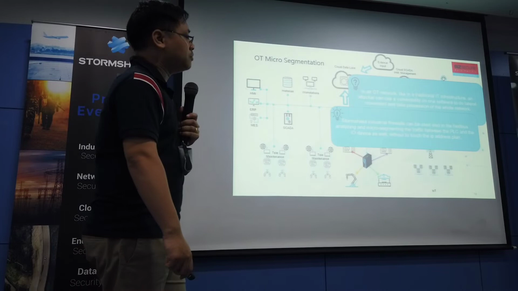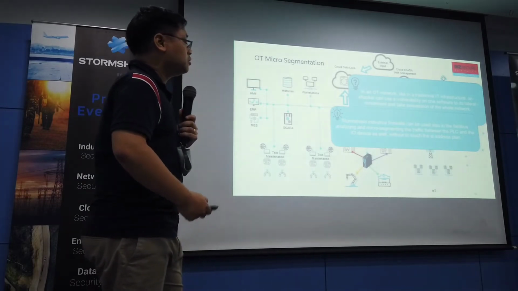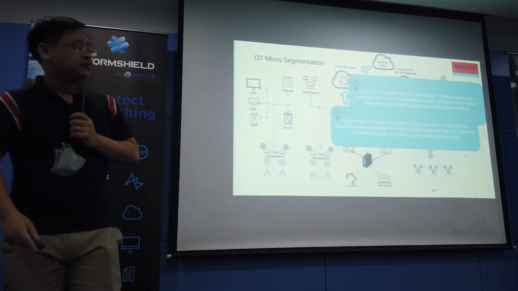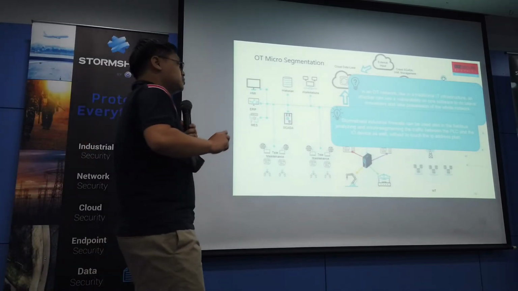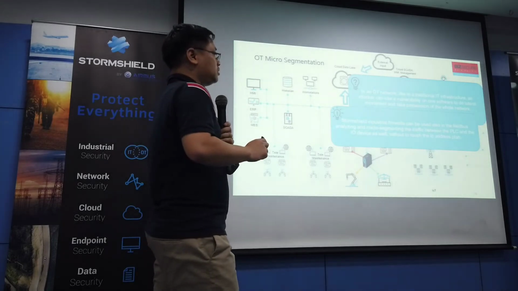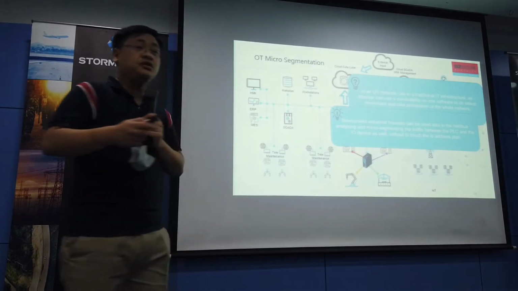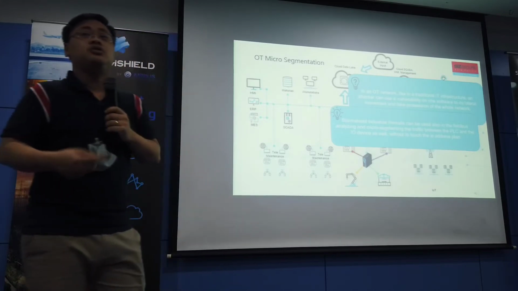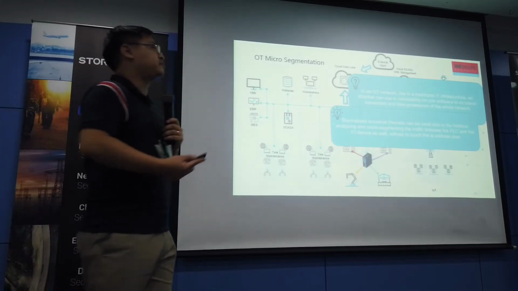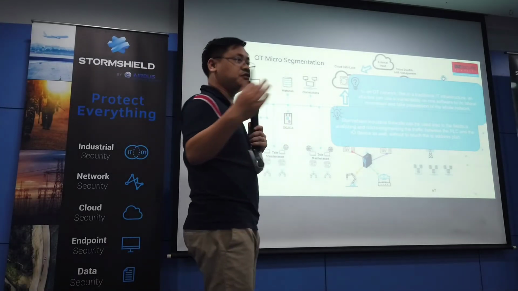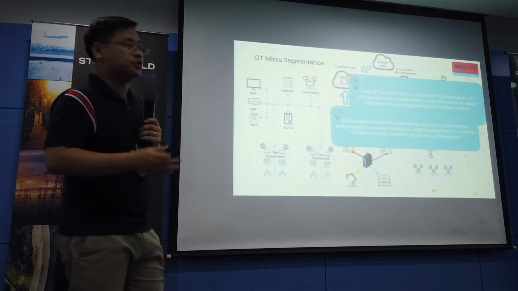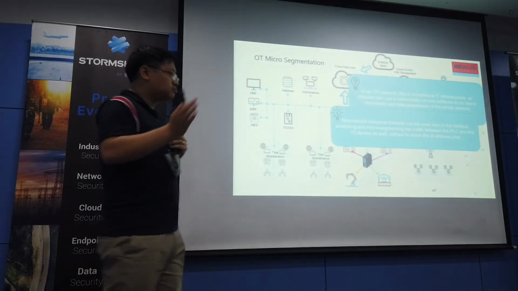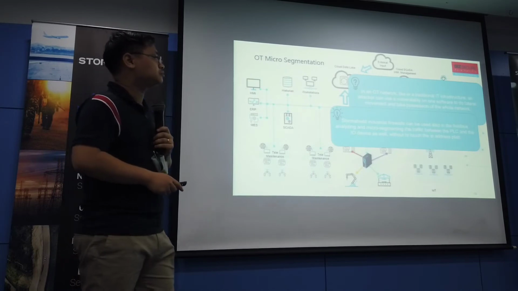Here we can use the SNI to do micro-segmenting and to analyze the traffic between the different systems. Why can we do that? Because we have deep packet inspection on the different OT protocols: Modbus, IEC 104, BACnet, OPC, and so on.